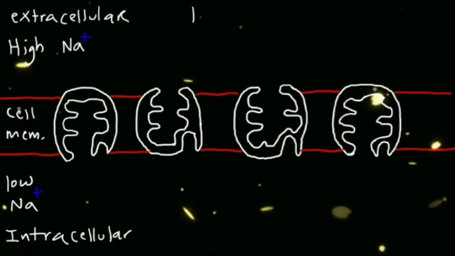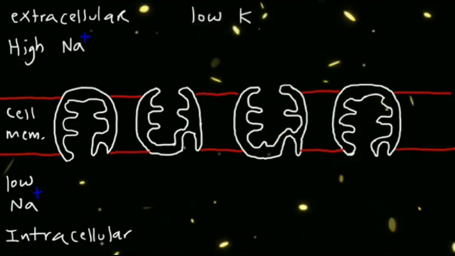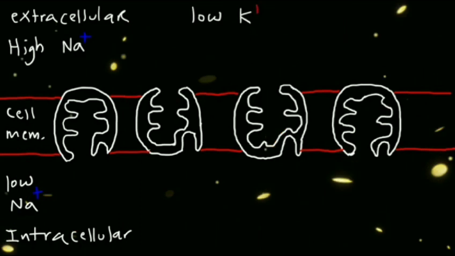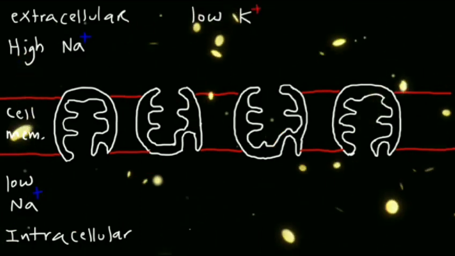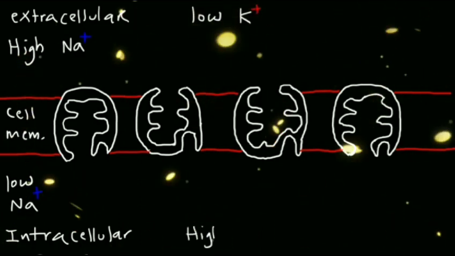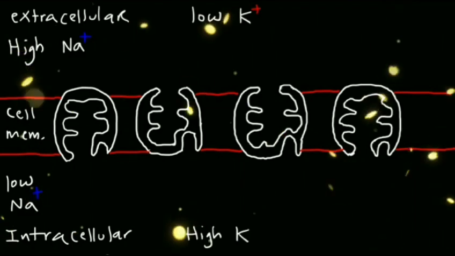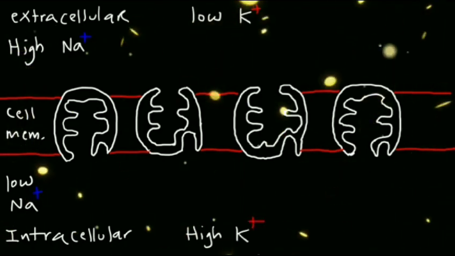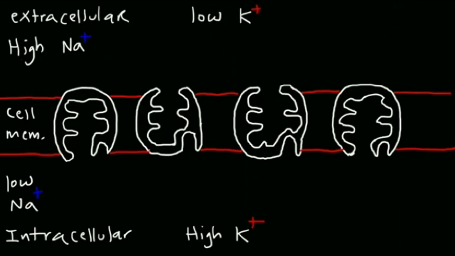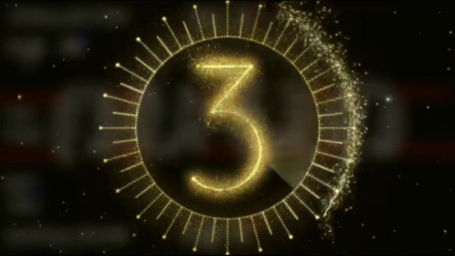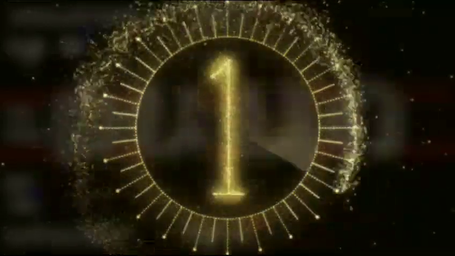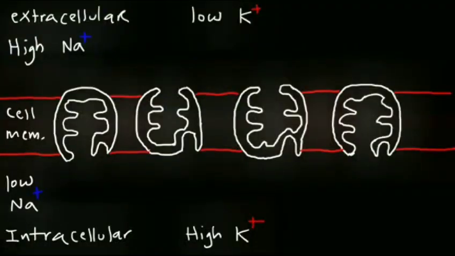The concentration of potassium outside of the cell is low, but the cell tries to maintain a high internal potassium concentration. So make sure you understand that. So the concentration of sodium ions in the cell is low, but the concentration of potassium ions inside the cell is high with respect to the extracellular fluid.